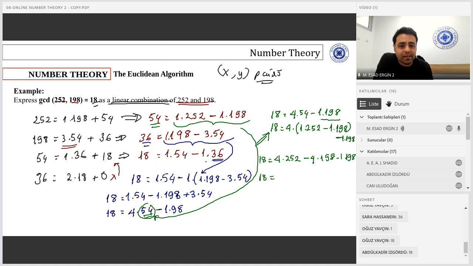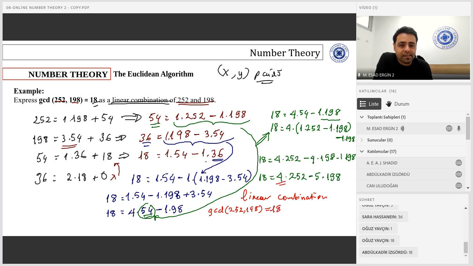It means that 18 equals 4 times 252 and minus 5 times 198. So here the linear combination of the GCD of 252 and 198, it doesn't matter the order of these two, equals 18.